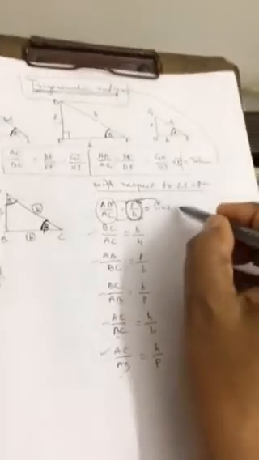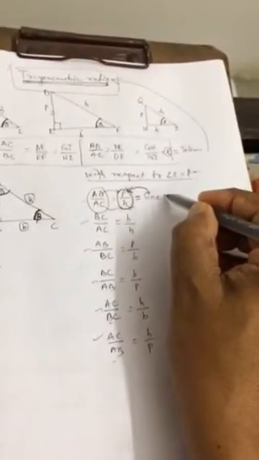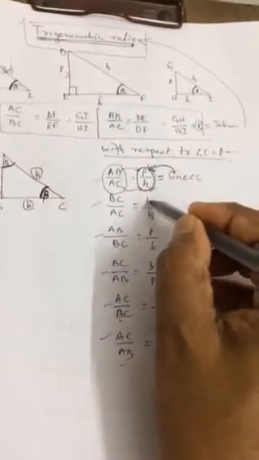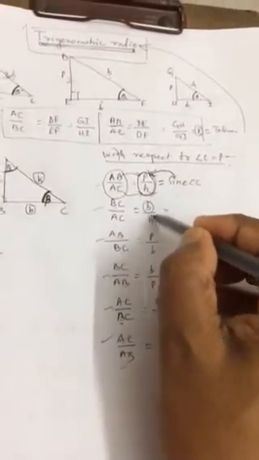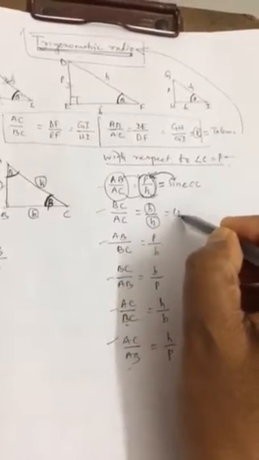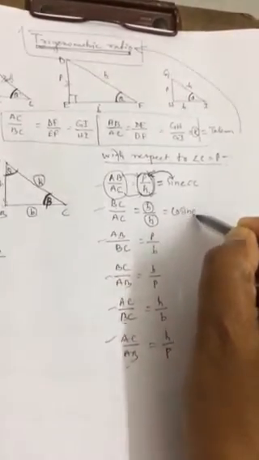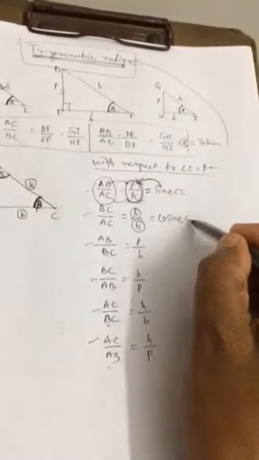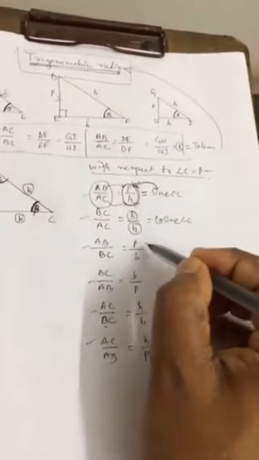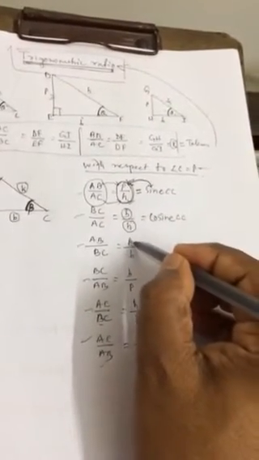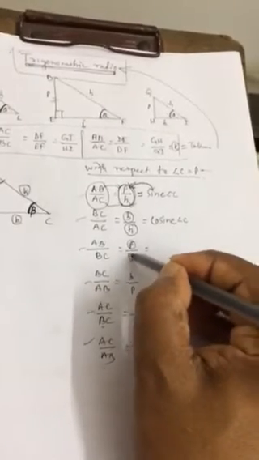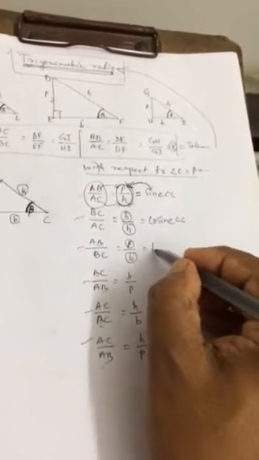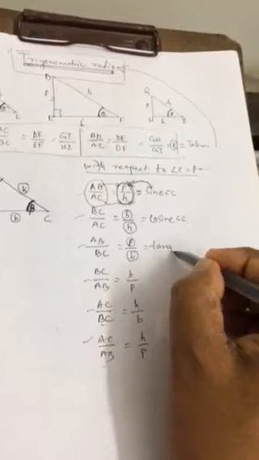With respect to angle C, or you can write angle beta, the ratio of B by H, base and hypotenuse, is known as cosine. The ratio of P and B, perpendicular and base, is known as tangent.